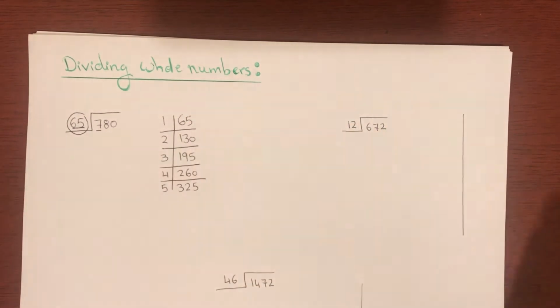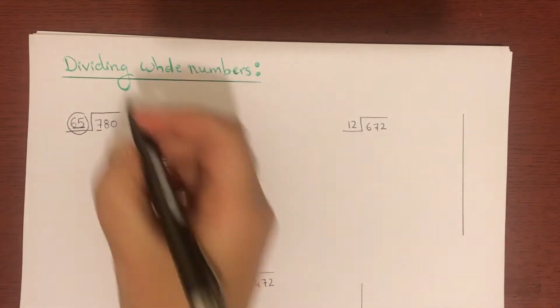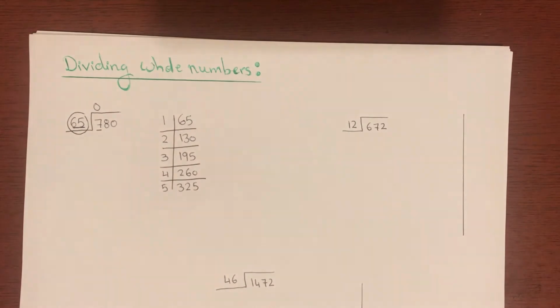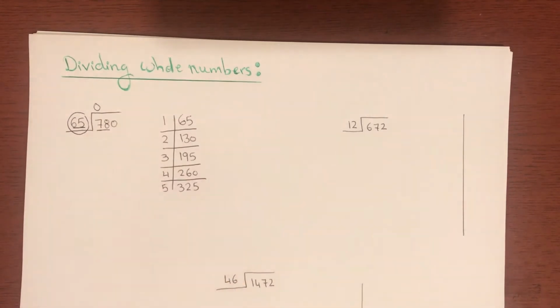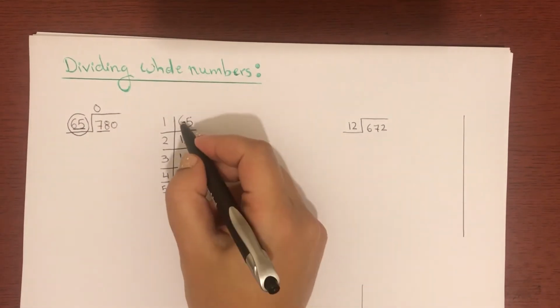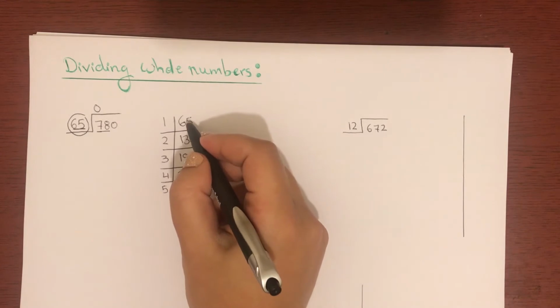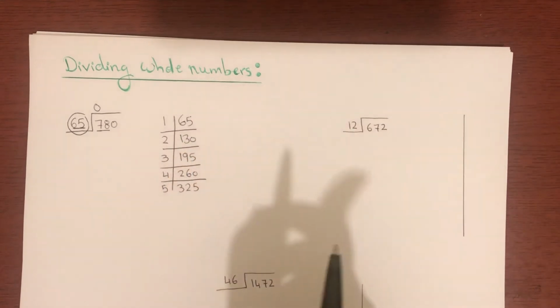Well, 65 is a big number. I cannot fit 65 into 7, so I'm going to put a 0. It fits 0 times. How many times does 65 fit into 78? According to the t-chart, I can only fit 65 into 78 one time.